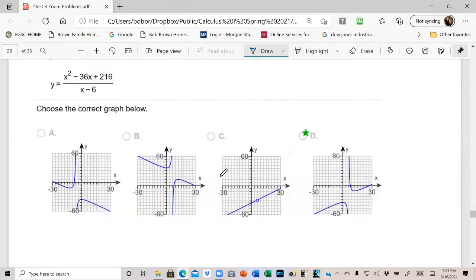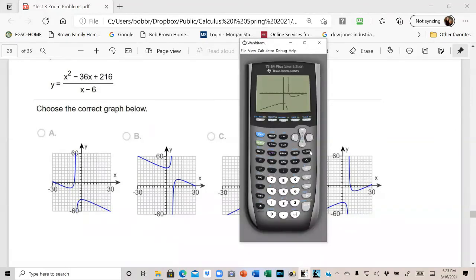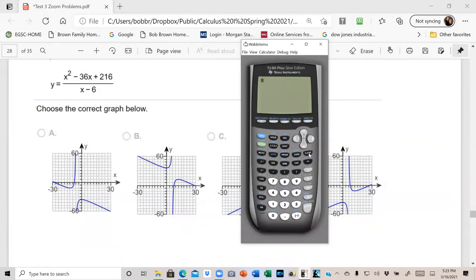Now we have a function that we want to graph.